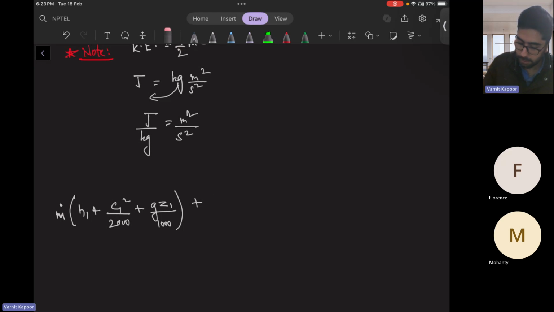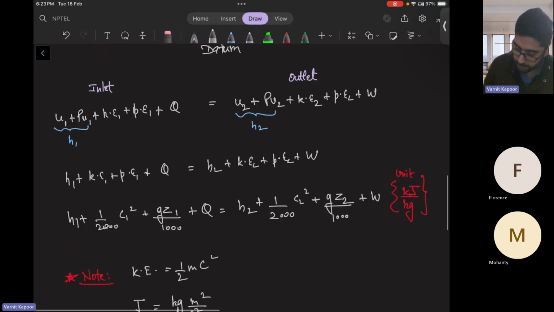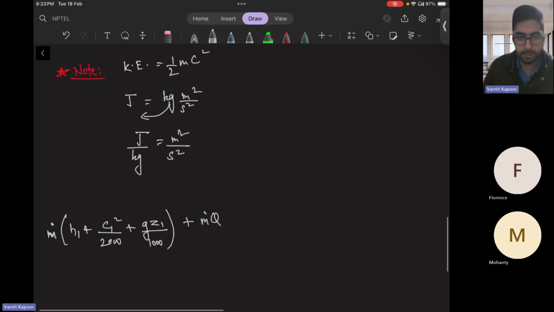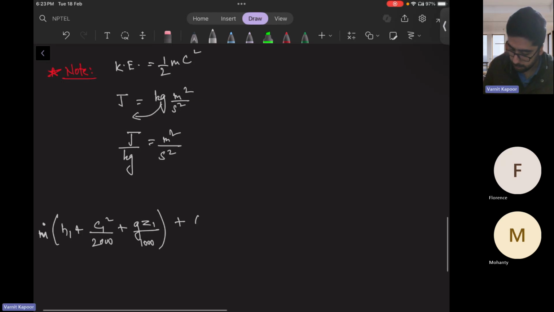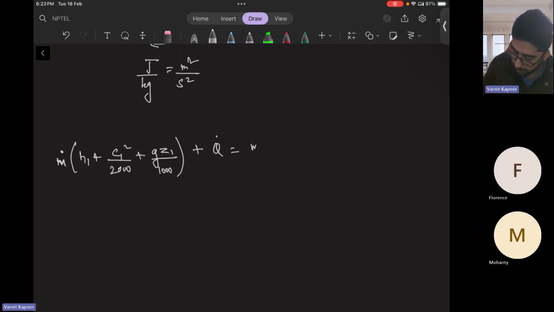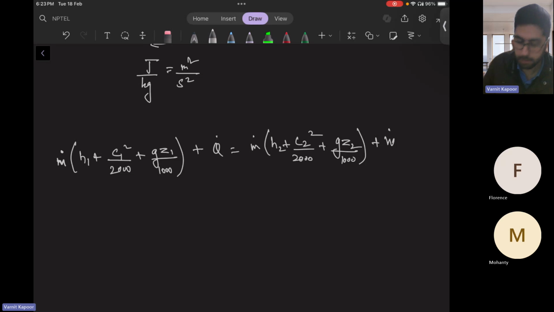So if you see, there it was written q only. If I multiply m dot with q, I'm just writing it as Q dot, the heat flow rate. And at the outlet, the mass flow rate is also the same. So m dot times h2 plus C2 squared by 2000 plus g z2 by 1000, plus the same work, W dot, if you multiply with it.